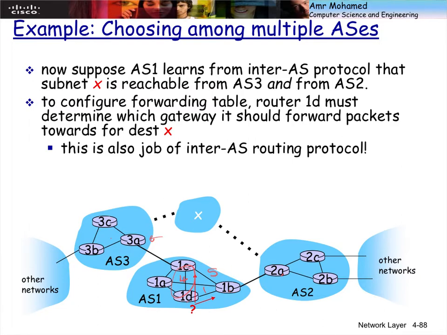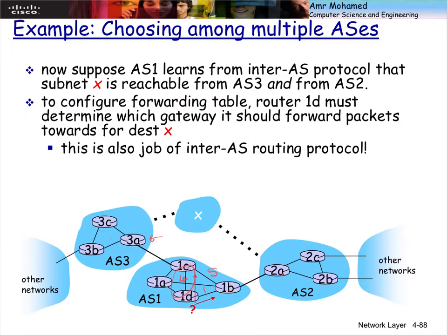Okay? So in that case, you can use the shortest path internally. And in fact, the border gateway protocol maintains the entire path. It maintains the path from X to autonomous system 2 to autonomous system 1. So it maintains the entire path, and they put the entire path in the routing table.